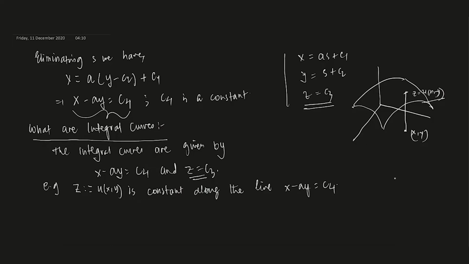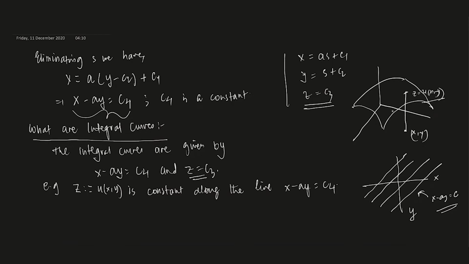Let's just draw the domain here, the xy plane, x and y. I don't know what a is, so let's just say these are the lines x minus ay equals constants. So what are the integral curves? The integral curves are such that u is constant along these lines.